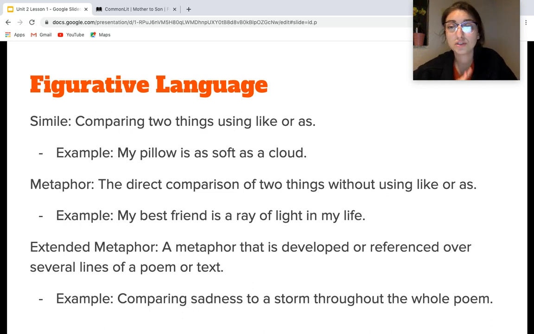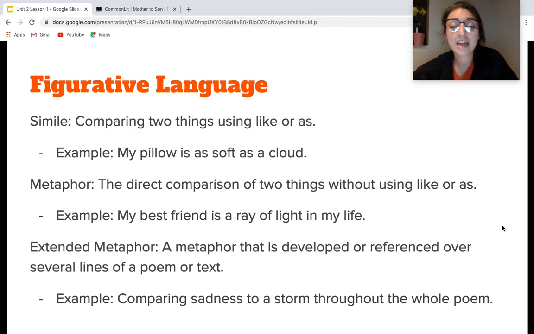You don't have that like or as in there. An example of this would be, my best friend is a ray of light in my life. They wouldn't say my best friend is like a light in my life. That would be a simile. Instead, they're just directly comparing the ray of light to the best friend.